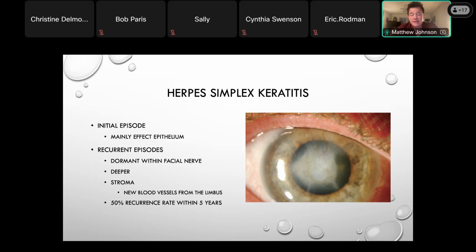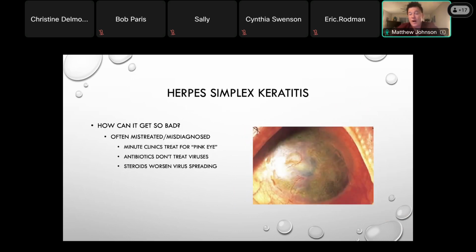And like I say, it's the gift that keeps giving. There is a 50% recurrence rate that happens within 5 years. So it's a 50-50 shot. Flip a coin whether or not it's going to happen again. So that's the problem with this and why it needs to have such good treatment, whether you've got to be on an antiviral for the rest of your life to keep it from happening again or anything like that.